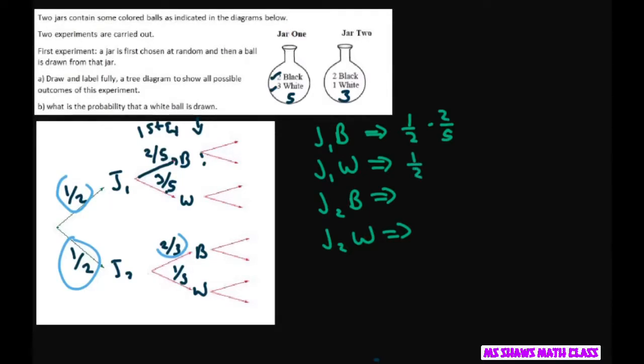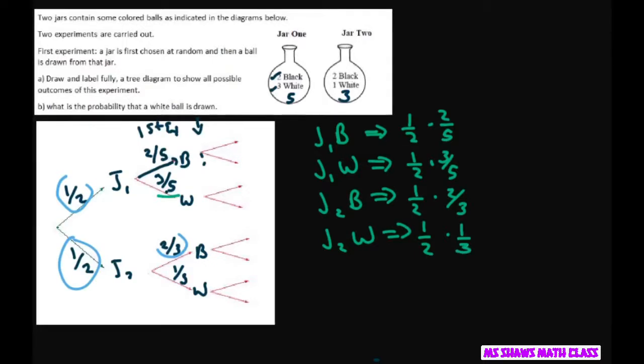All these are 1/2 for jar 1 and jar 2. So now you're just going to copy these down. So we have 3/5. Then we have 2/3. And then we have 1/3.